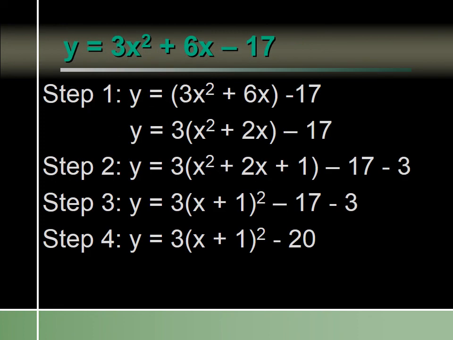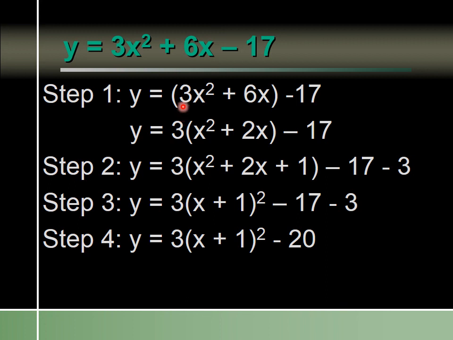So let's look at this problem. y equals 3x squared plus 6x minus 17. So step 1, I went ahead and grouped my x squared term and my x term together inside parentheses. That's what I did right there. Now, I have to factor out my leading coefficient. My leading coefficient is a 3, so that's going to be factored outside the parentheses.